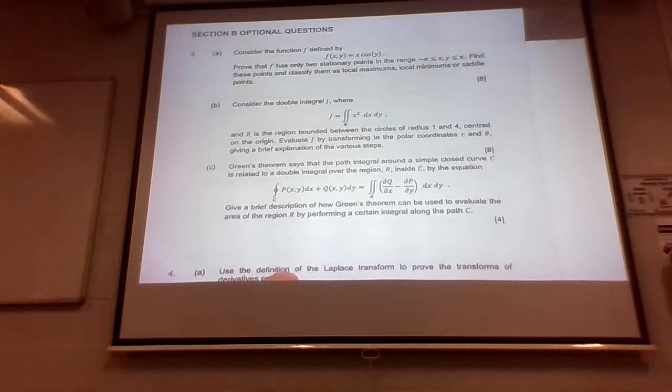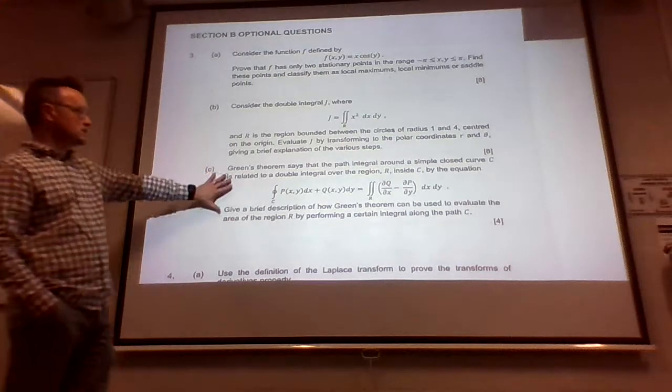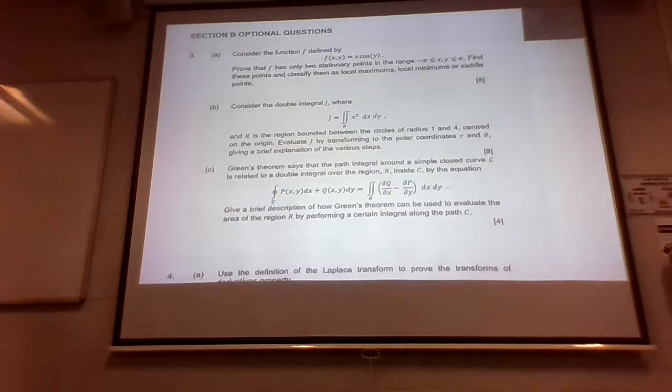So in the optional question, there's one about stationary points. There's evaluating a certain double integral, and then there's a little, it's only 4 marks going for it, but a request for some explanation and information about Green's theorem.